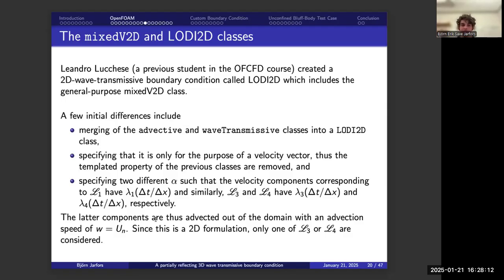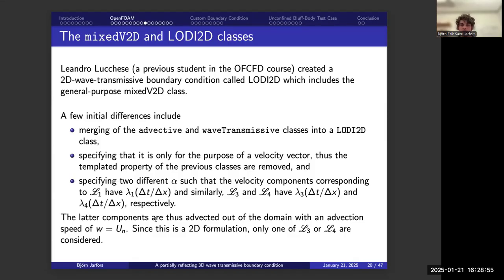And lastly, he specifies that there are two alphas now, since we will have convective velocities of both u and u plus c. Since we're convecting several velocities, we also need to convect them in different ways. The Lodi relations show that we have a characteristic wave which propagates at, for example, u minus c, u plus c, and also just simply convecting by u, or u1 in this case.